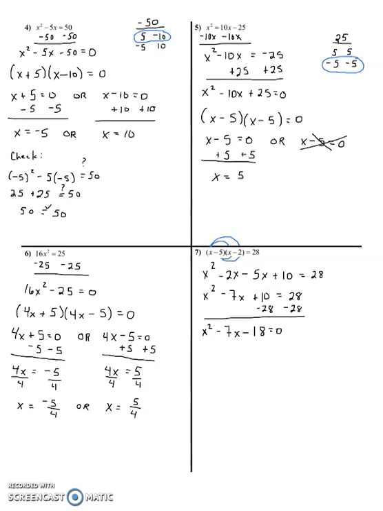And now we need to factor. So negative 18, all the things that can multiply to give us that. So 1 and negative 18, negative 1 and positive 18, 2 and negative 9, negative 2 and positive 9, 3 and negative 6, or negative 3 and positive 6.